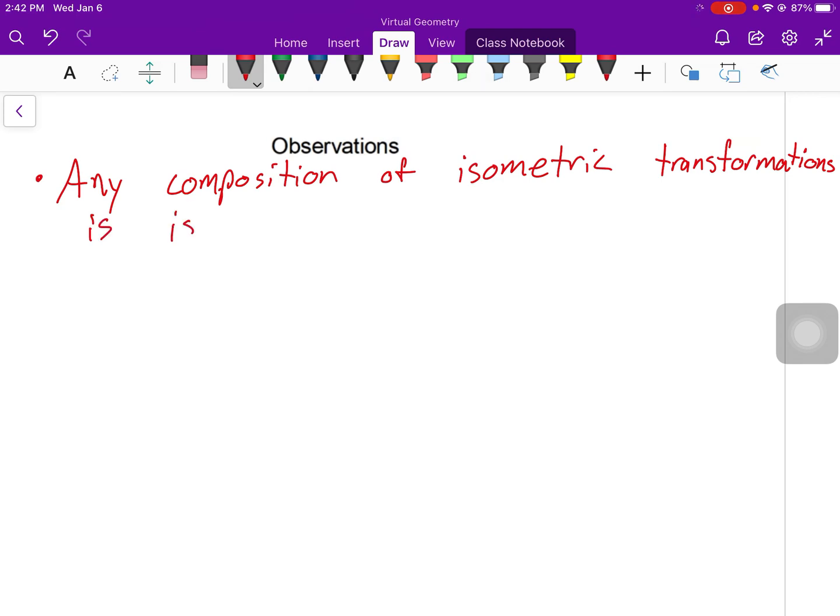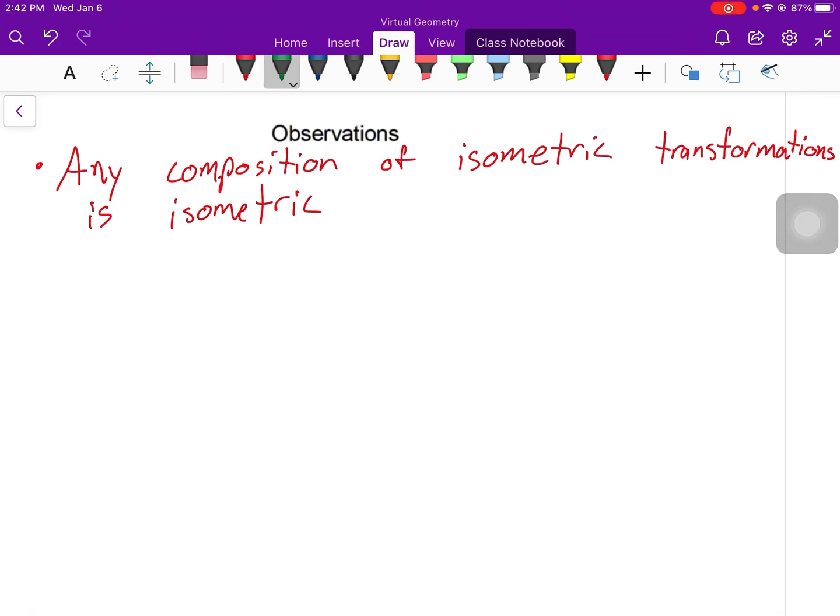I said that already. So remember all of those words, what they mean. Composition just means you're doing more than one transformation in a row. Isometric means what you started with and what you ended with are the exact same size, exact same shape. All the corresponding sides are congruent. All the corresponding angles are congruent. Transformation, we have the translation, the rotations, and reflections.